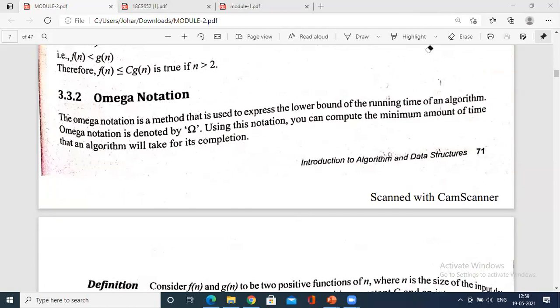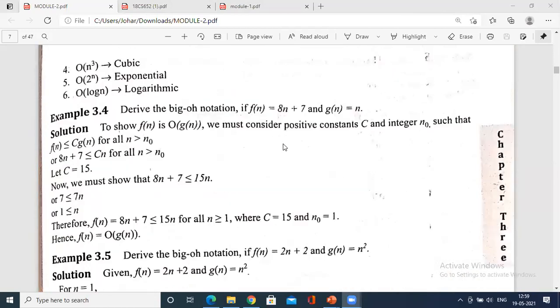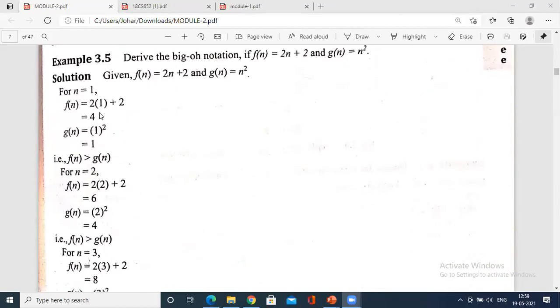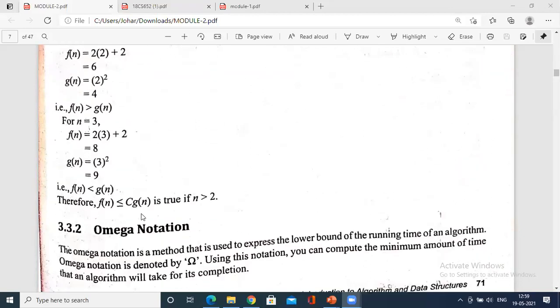In the above problem, the first was quite simple, calculating the value c equals 15. The second was just identifying for which value of n the function will work. For n equals 3, f of n is less than or equal to g of n, that is n greater than or equal to 2.